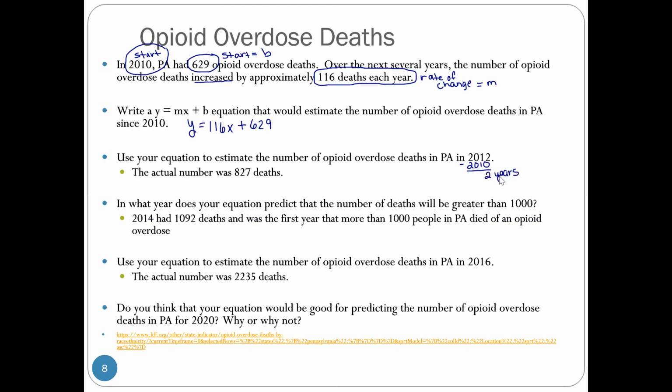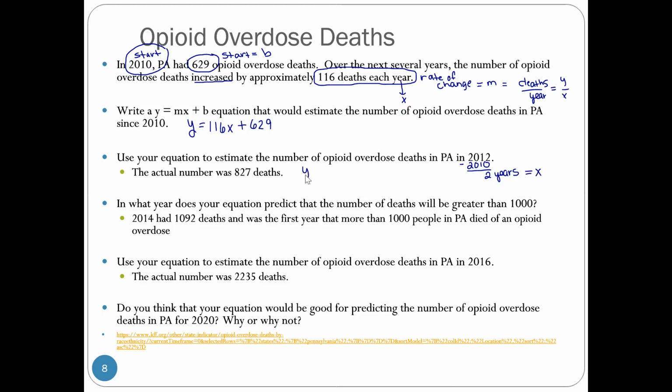And in my formula, since the deaths were recorded per year, year is my x value because it is on the bottom of that. My slope or rate of change is really deaths per year. And so that is telling me that y is always on the top, so deaths is a y value and years is an x value. That means that I'm going to put this into the formula where the x is.